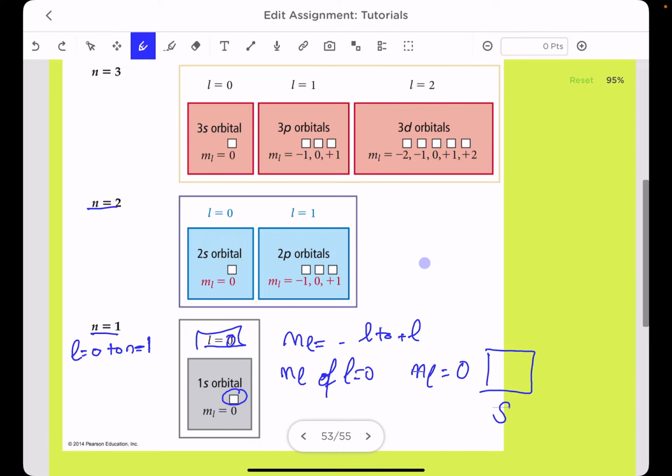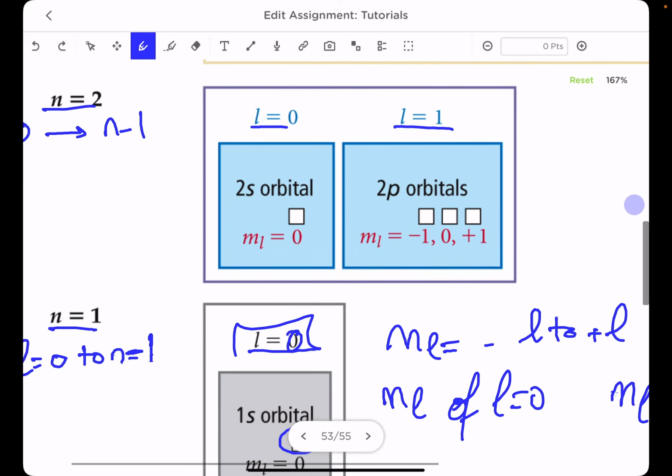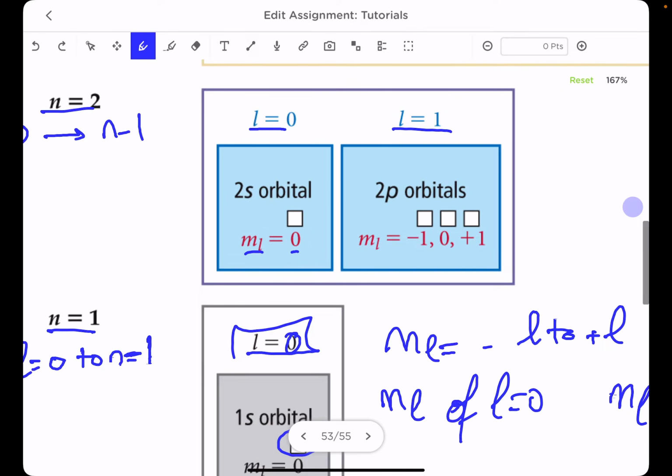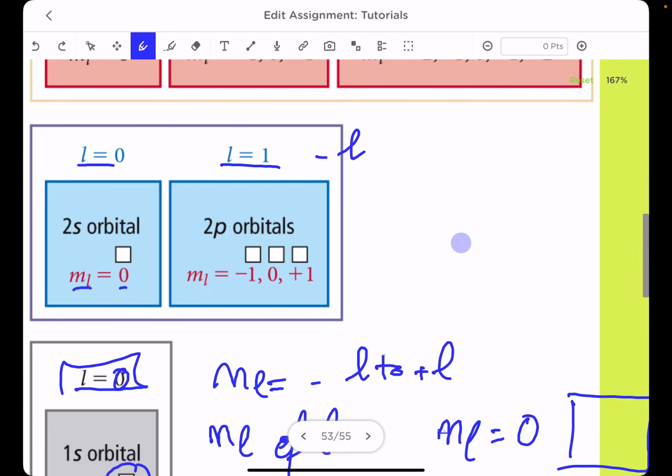Moving to the principal quantum number 2, the second energy level. L is going to be from 0 to n minus 1, so I have a value of 0 and a value of 1. When L is equal to 0, ML is also 0. But when L is equal to 1, ML is from minus 1 to plus 1.